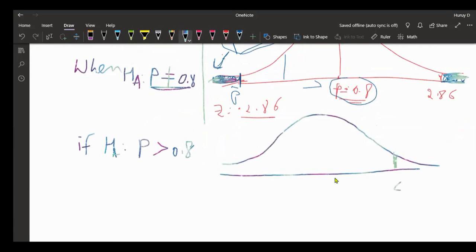This is what you calculate. Okay, and only this side becomes now your p-value. Only one side. You forget the left side because of this one. So always it's to the direction of the inequality. So here it will be your p-value. Okay.